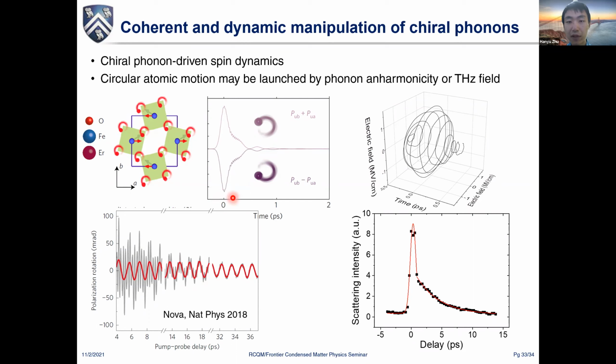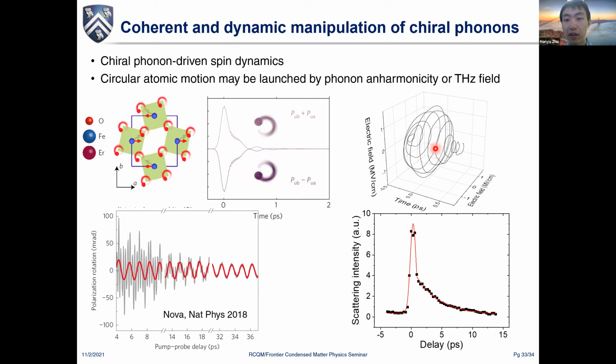On the time scale of about 100 femtoseconds, the atoms basically draw a circle within the lattice. And then what people have observed is that this atomic circle starts to excite magnons within the material. Once the spin starts to rotate alongside the atoms, those magnons are persistent. So even if the phonons are only polarized for a short period of time, the magnons will live much longer. So this is one way, and that's the experiment.